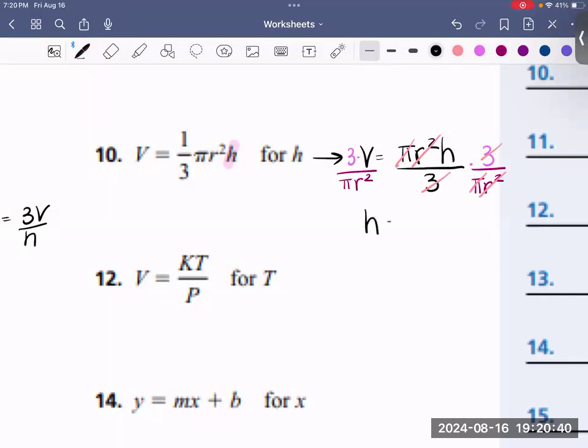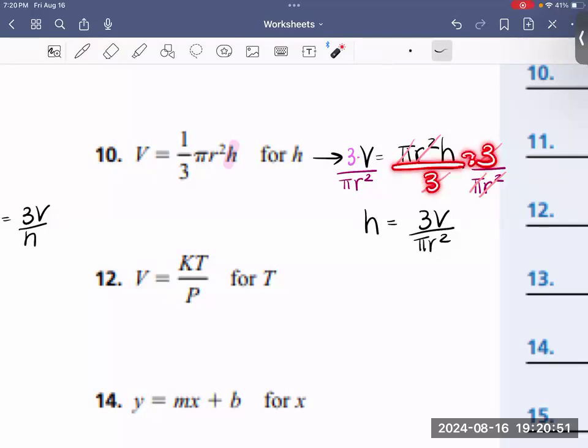So h is equal to 3v over pi r squared. And the reason why we chose to multiply by 3 is because the opposite of division is multiplication. And the reason why we divided by pi r squared is because the opposite of multiplication is division, because this whole thing is multiplied by h.